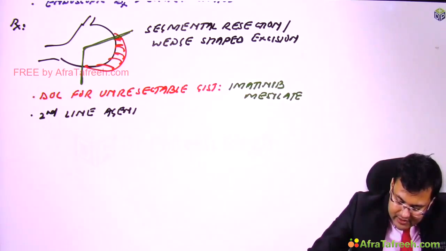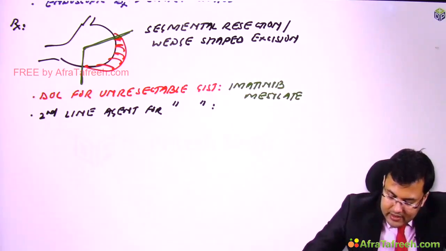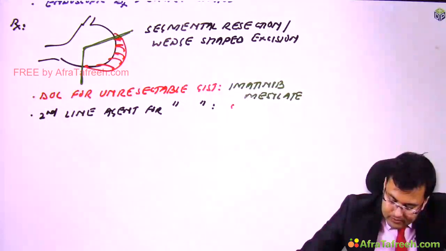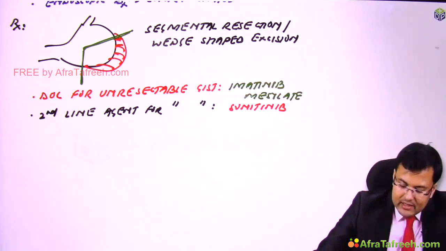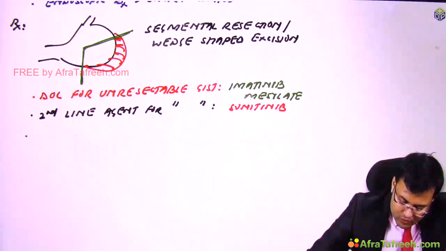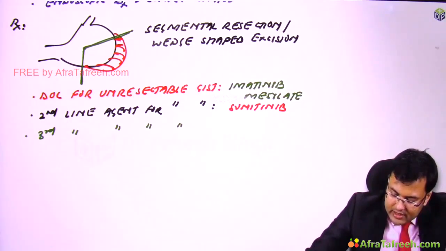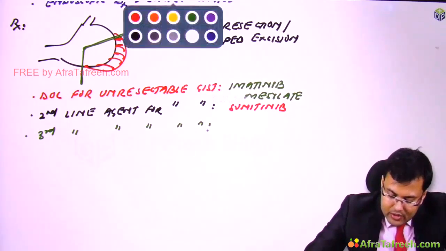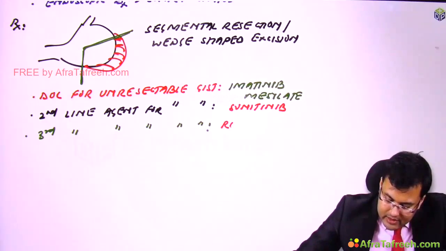The second line agent is sunitinib. And there is a new drug. Question, what's the third line agent for unresectable GIST? And it's a new drug. It's regorafenib.